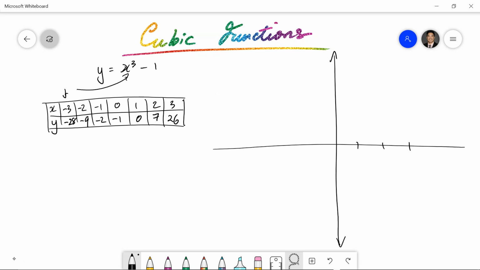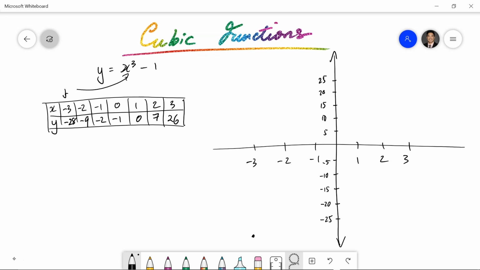So 1, 2, 3. Obviously my graph is not the best and not to scale. 5, 10, 15, 20, 25. So when x is -3, we have -28.